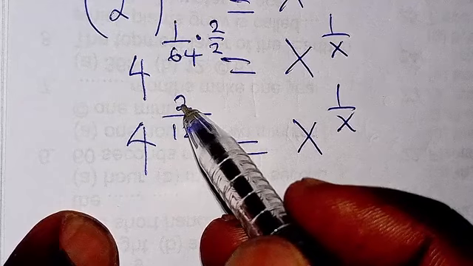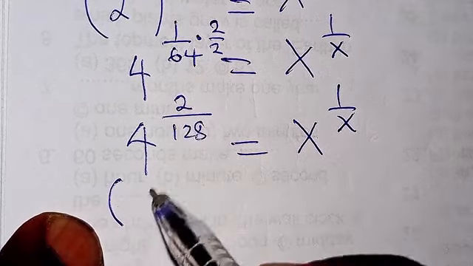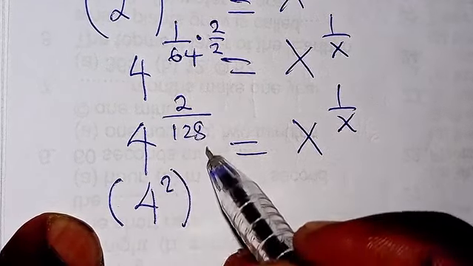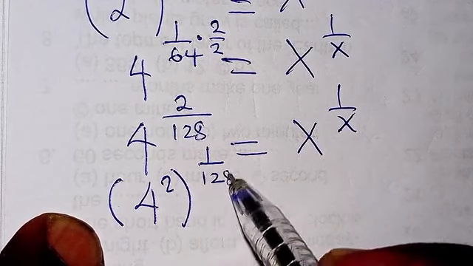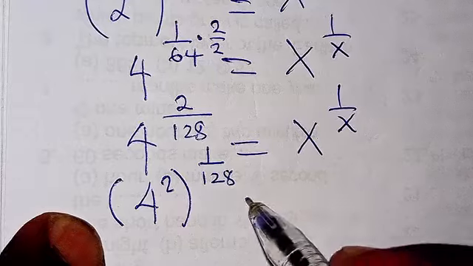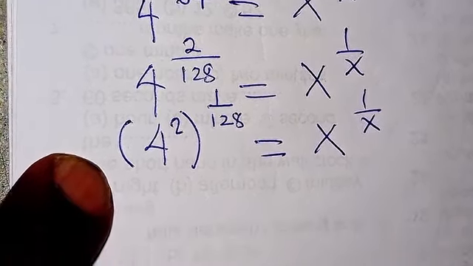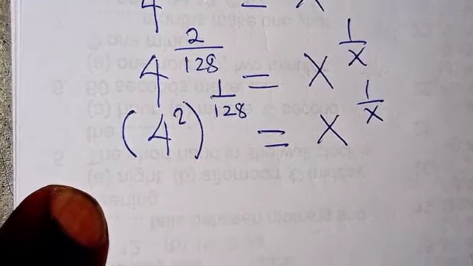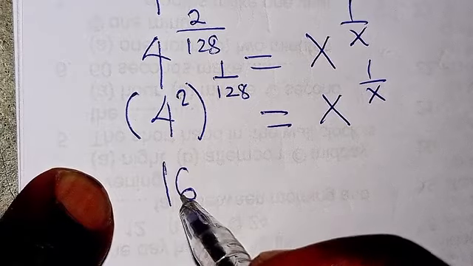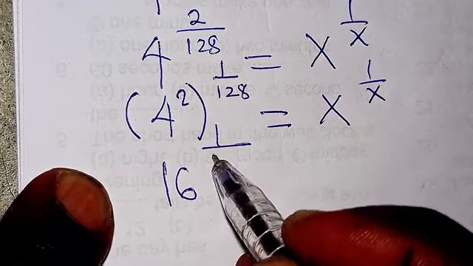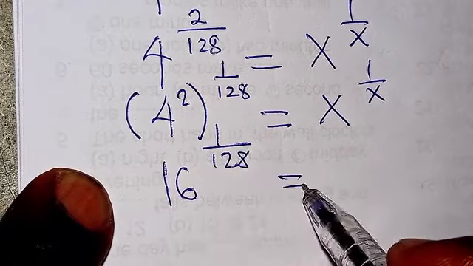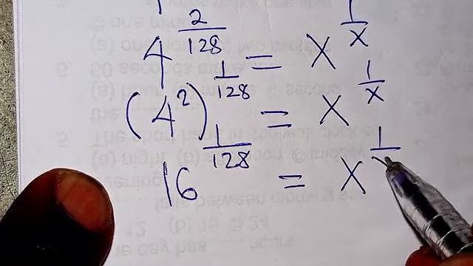This 2 now, I'm still going to bring it inside. 4 to the power 2, I'll be left with 1 over 128 equals x to the power 1 over x. Right? So 4 raised to the power 2 will give me 16 to the power 1 over 128 equals x to the power 1 over x.